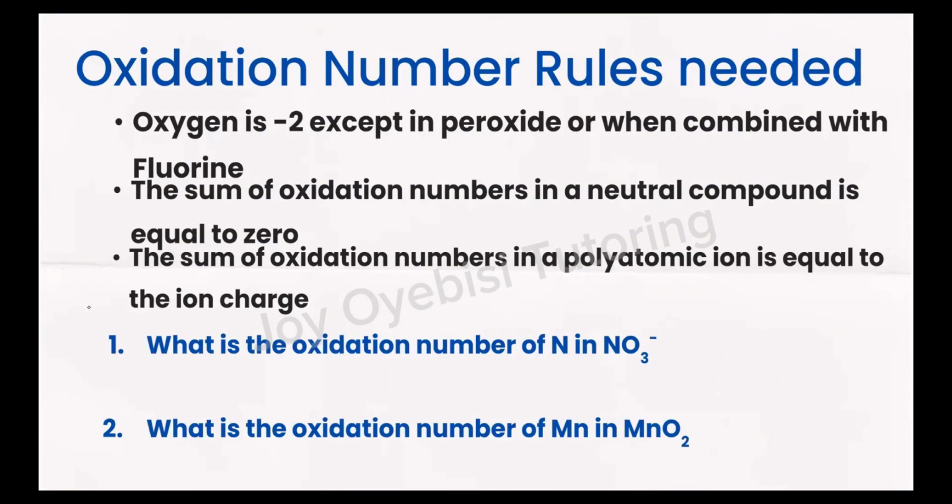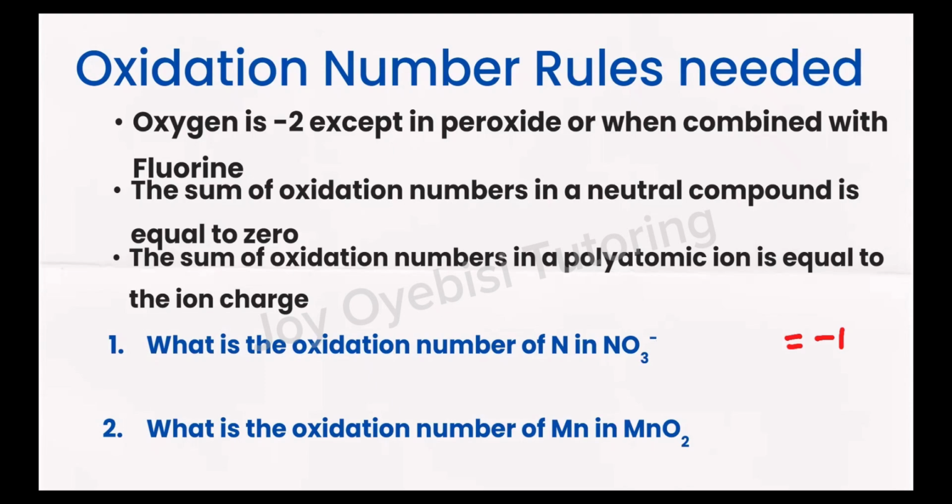For the last part, I would like you to pause and give this a try before you check the solution. All right? The first question says, what is the oxidation number of N in NO3 -? So we're still using the same rules that we previously saw. This is a polyatomic ion, and the sum of the oxidation numbers of nitrogen and oxygen is going to be equal to the charge, which is -1.